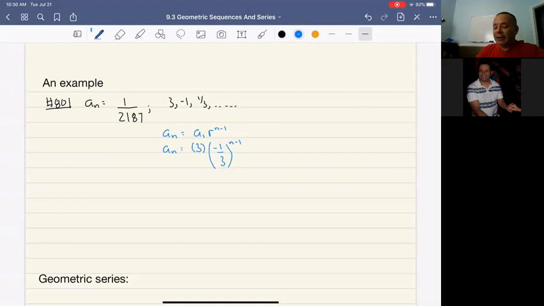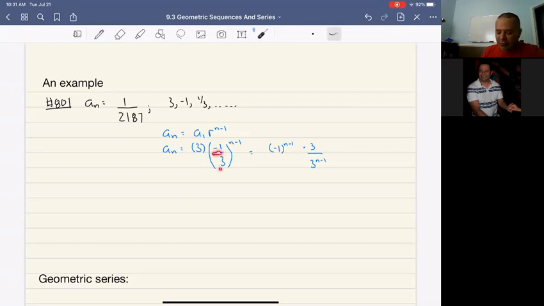Now here I'm going to be very careful with my math. So definitely -1 to the n minus 1. But now what do I have? I have 3 divided by 3 to the n minus 1. I want you to realize what's going on here.